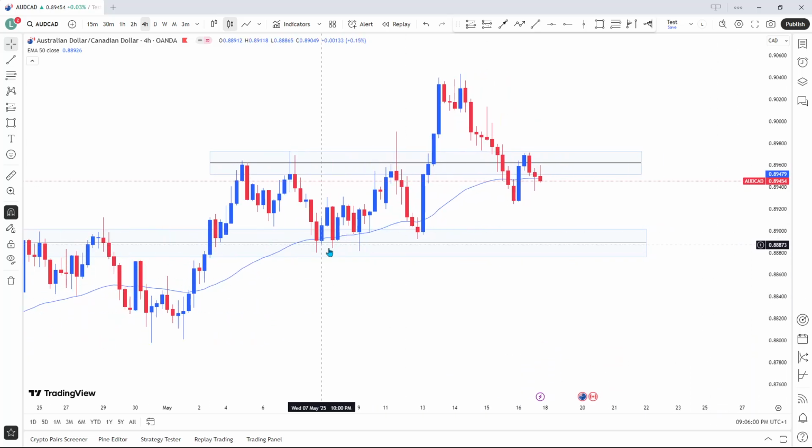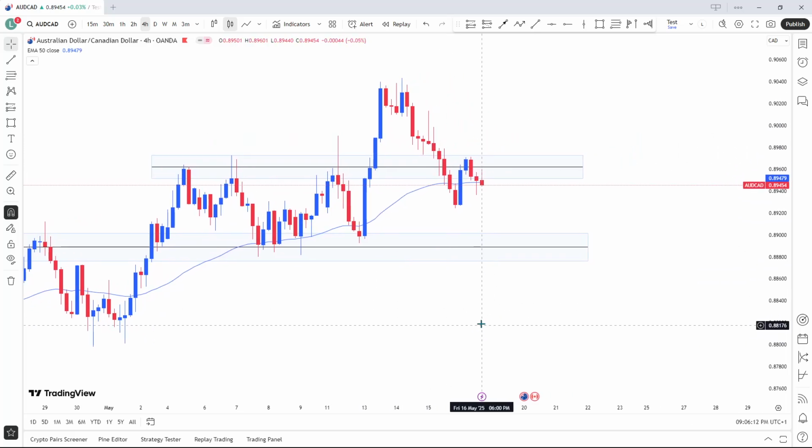So a break and retest is starting from here. It's broke out of this zone, it's came back in, so you could consider a buy to the upside. Or on the opposite, it's in our area, it's come down, it's back into our area of interest, and then it's coming back down to the downside.